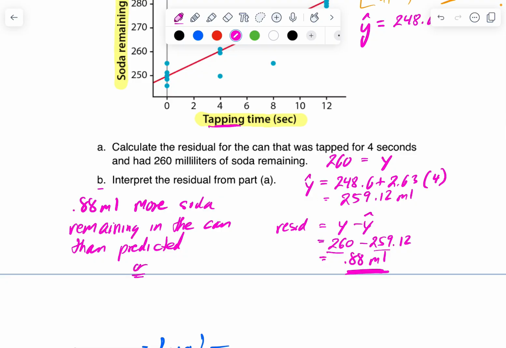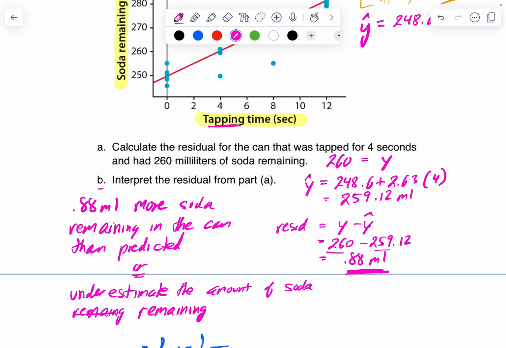Or you could say that you underestimated the amount of soda remaining in the can by 0.88 milliliters.